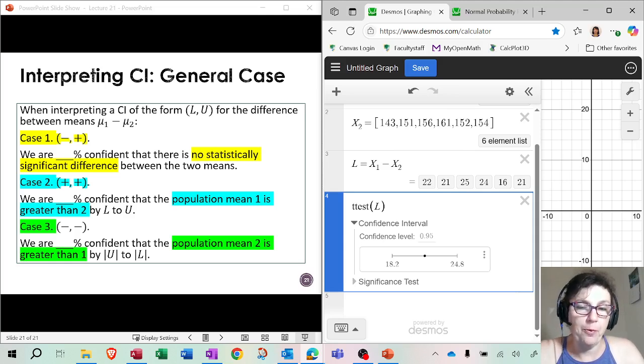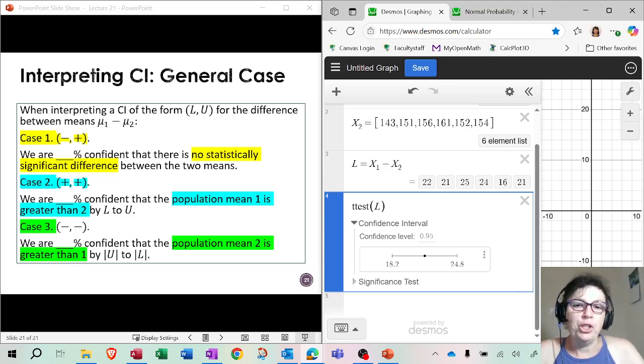This is a very important thing to know: if you lost weight and by how much, not just is it significant, but by how much. If you are given 18 to 24.8 pounds, sign me up for that.